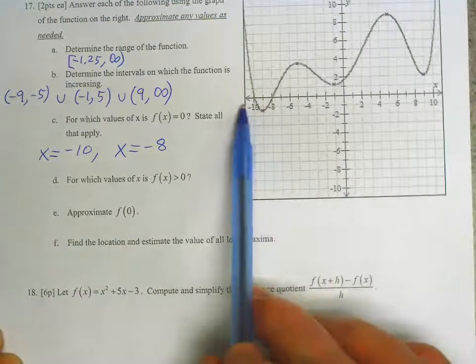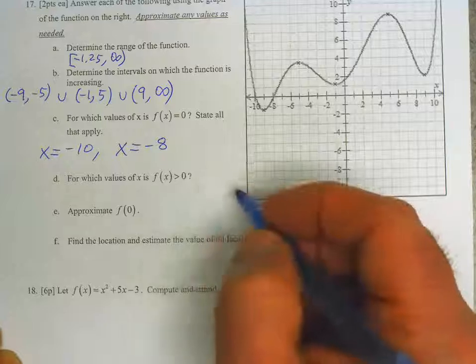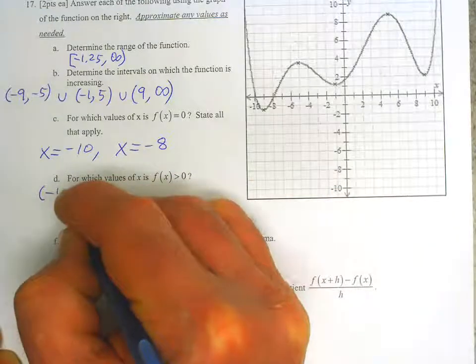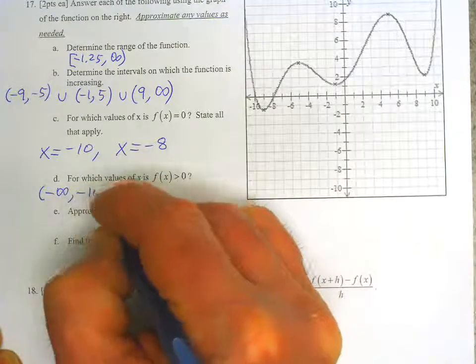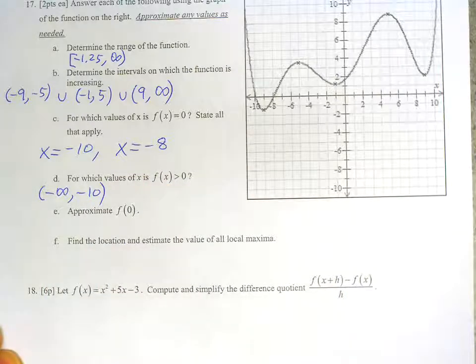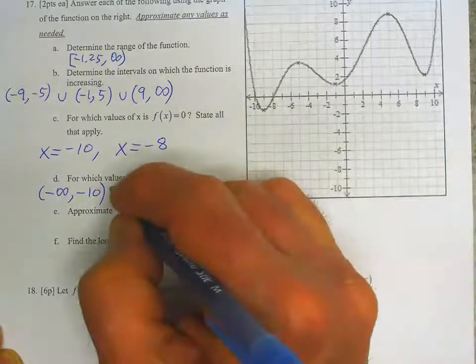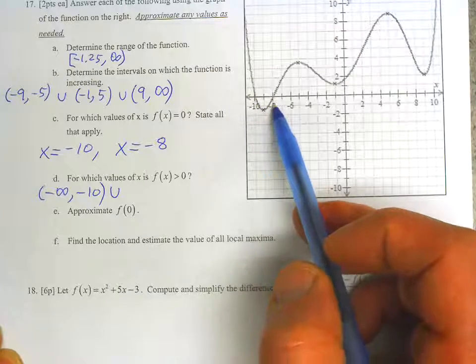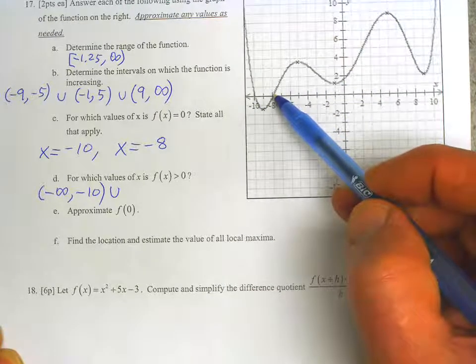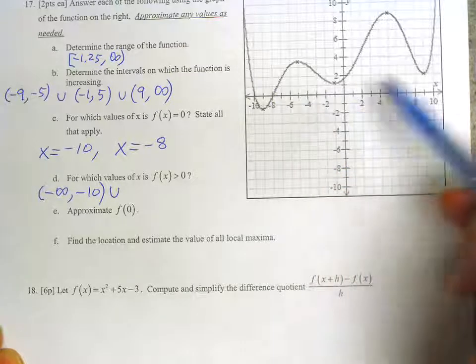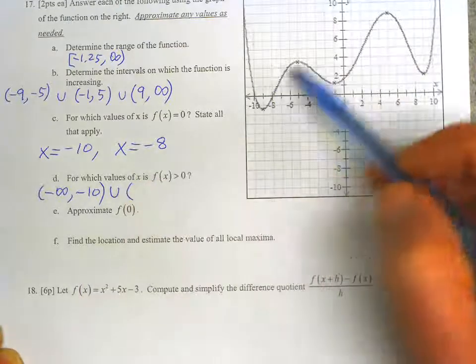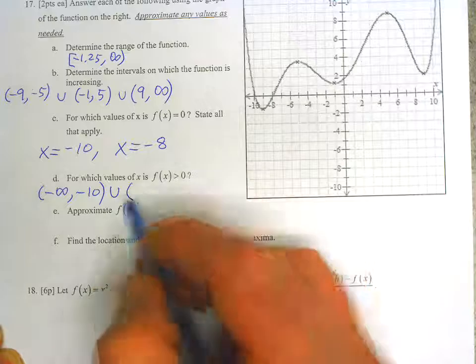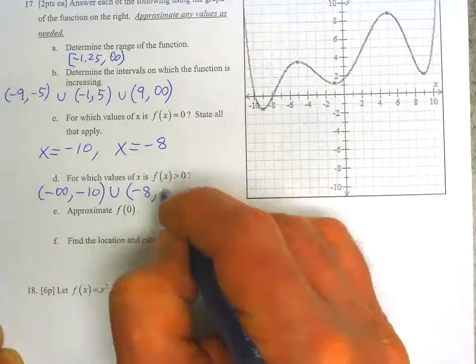So to the left of negative 10, we can say negative infinity to negative 10, parenthesis. And then f of x is negative between negative 10 and negative 8. And then for x values greater than negative 8, the graph is above the x-axis again. So union negative 8, comma, infinity.